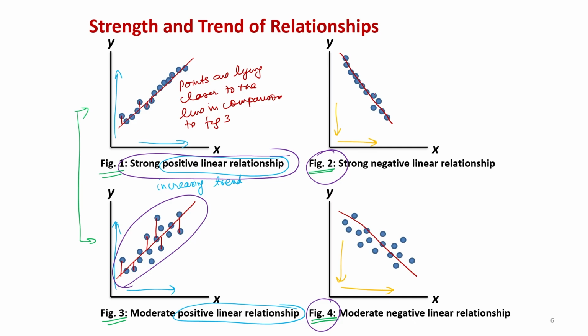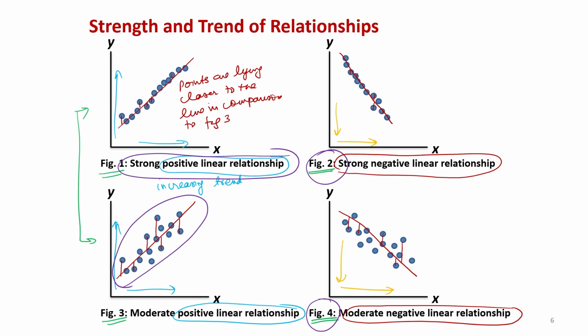In figure number 2, the points are lying very close to the line, but in figure number 4, the points are lying quite away from the line. Just as we defined the strong positive and moderate positive relationship in figure 1 and figure 3, similarly I can define a strong negative linear relationship in figure number 2 and a moderate negative linear relationship in figure number 4.